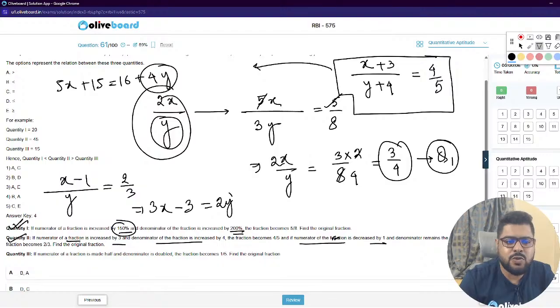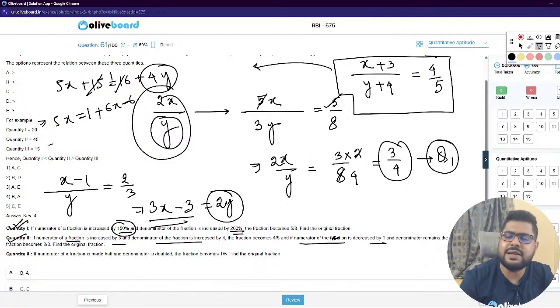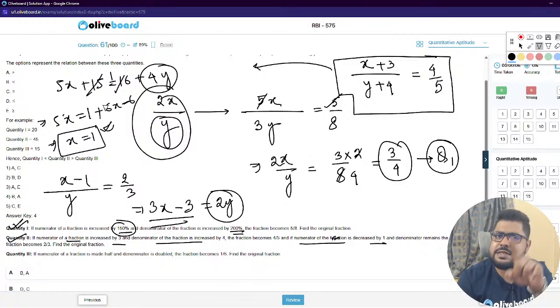Why? Because 2y is this. So 4y will be this, which is 1. So 5x equals 1 plus 2y, double of 2y. Double of 2y means 6x minus 6. So this is going to be minus 5. So x is 1, sir. Correct? So 6x minus 5x is x. And this is, sir, minus 5 goes that side.